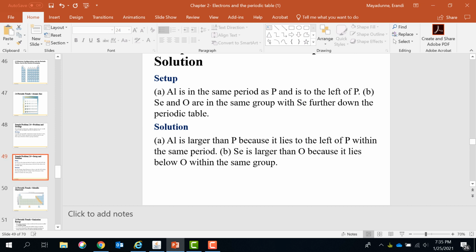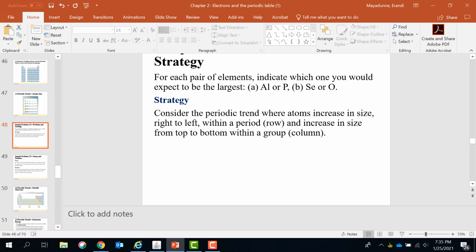And then we talk about some patterns, and in the exam I may ask you to arrange these elements in increasing or decreasing atomic radius. Let's look at this question. Aluminum and phosphorus, which one would you expect to be larger?